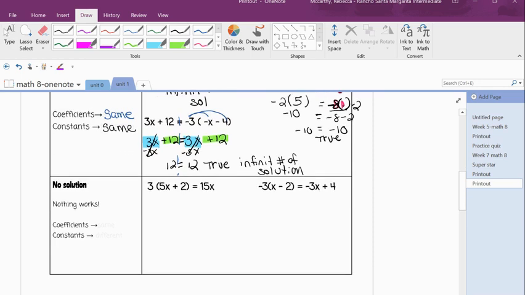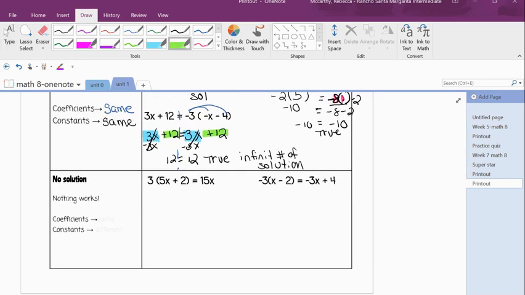Okay. Will there ever be the case that I have no solutions? I want you to highlight no solutions, and that means nothing works. And we're going to pay attention to those coefficients and those constants. The first thing I'm going to focus on is simplifying both sides. 3 times 5x gives me 15x, and 3 times positive 2 gives me a positive 6.